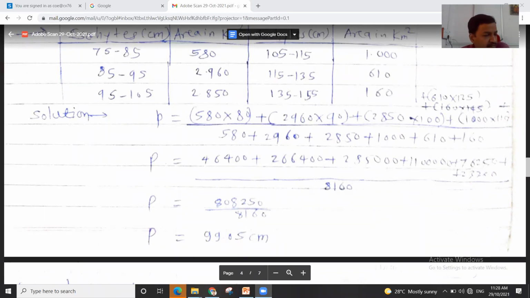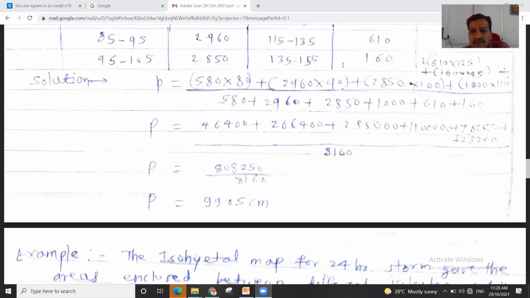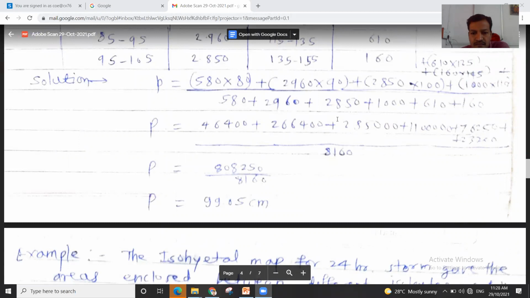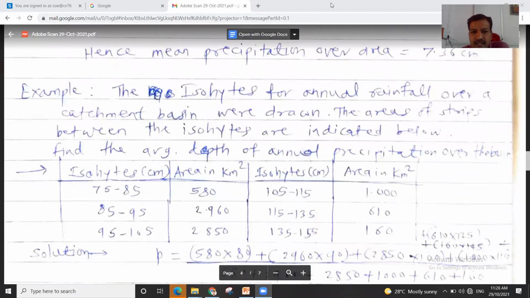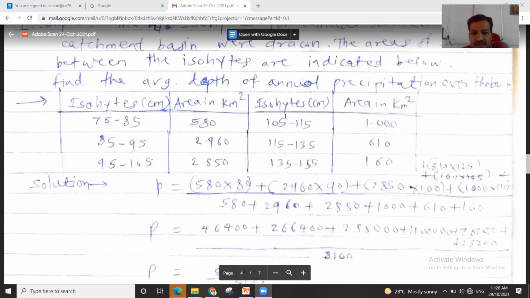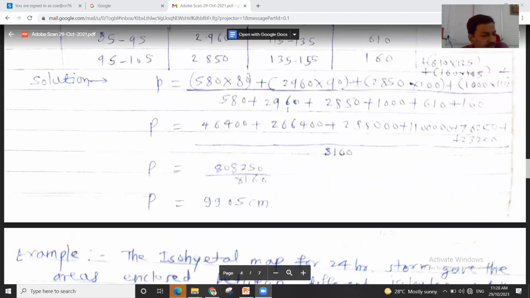Any difficulty in this. सर्वांनी लिहून घेतलंय, any problem in this. सर्वांनी कॅल्क्युलेशन केलंय. येस सर. ओके आली का व्हॅल्यू?